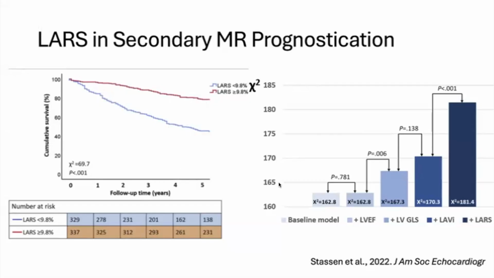And then this graph on the right basically shows, where the y-axis is the strength of the model at predicting mortality, you can see compared to conventional variables, so here you have LVEF, global longitudinal strain, and LAVI, when left atrial reservoir strain is added to the mix, there is a significant improvement in the ability to predict mortality in these patients.